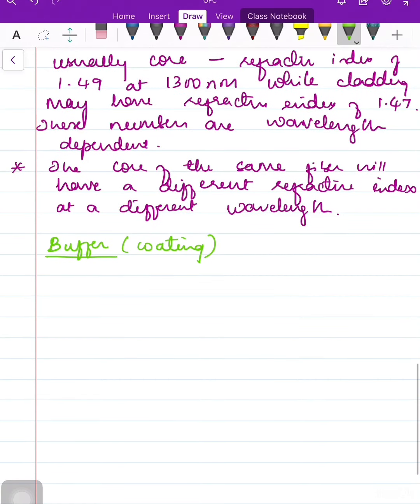So I'll write down here, the coating or the buffer is a protective layer of the optical fiber. It absorbs the shock, nicks, scrapes and even moisture that could damage the cladding. And optical fiber is very fragile, in the sense it's very delicate. It may break easily without the coating, and hence the coating is a very important component in the optical fiber.